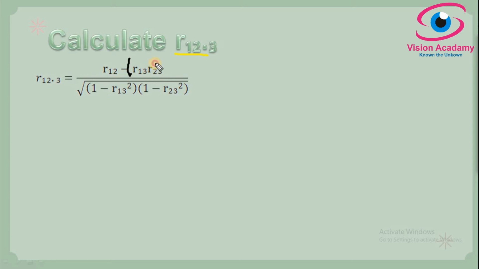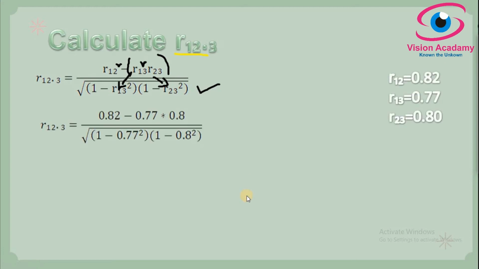This portion will be used in the denominator also with squared values, for example R13 and R23, which will be subtracted from 1 and later multiplied, and the root of it taken. And we need some information to apply this formula, that is R13, R12 and R23, which is given in the problem. So I have listed here R12, R13 and R23.